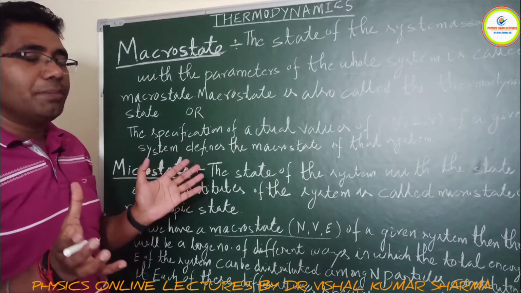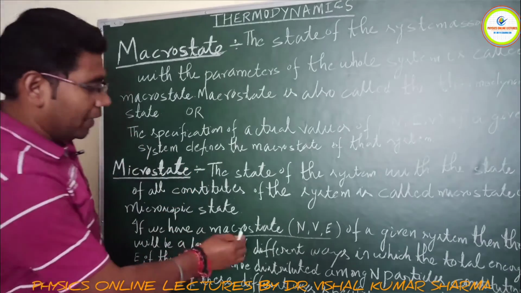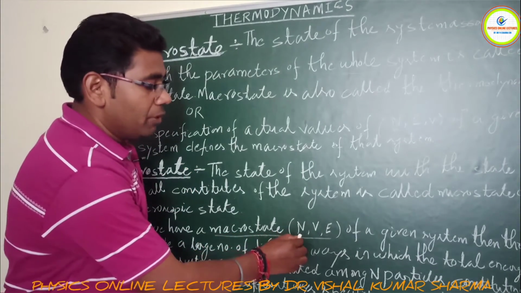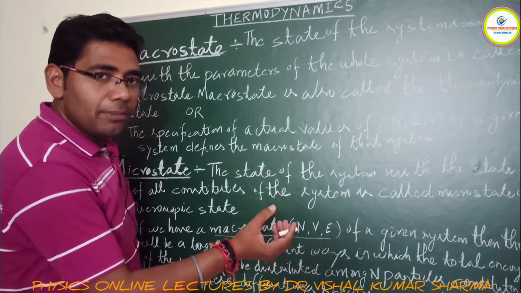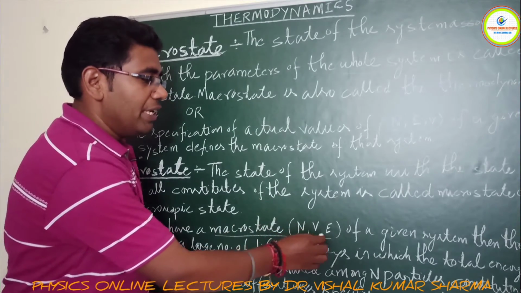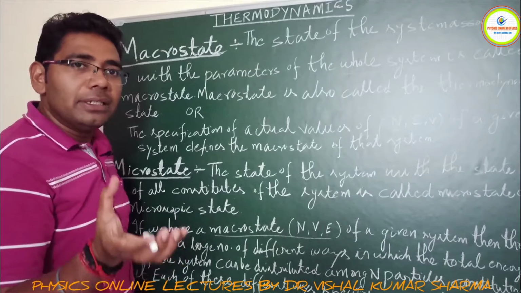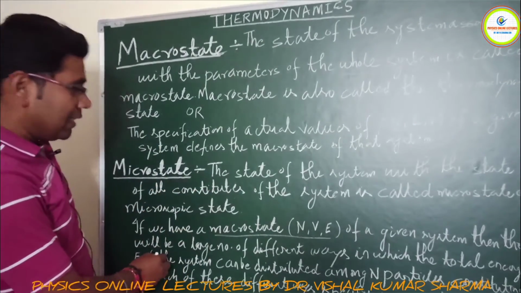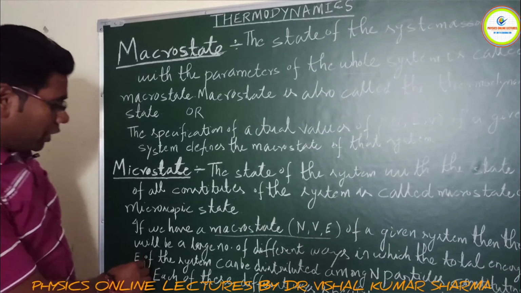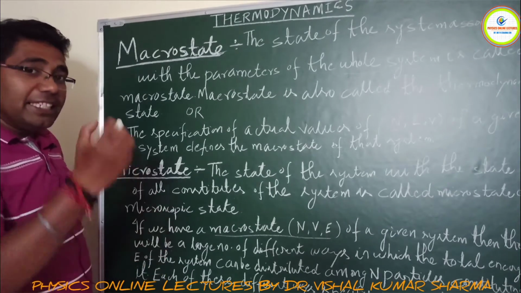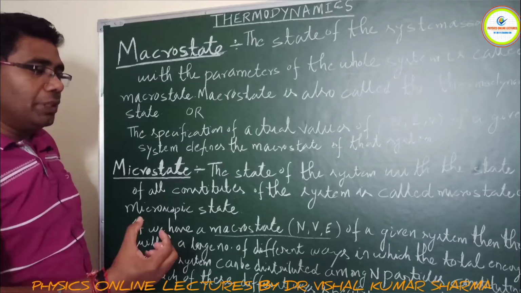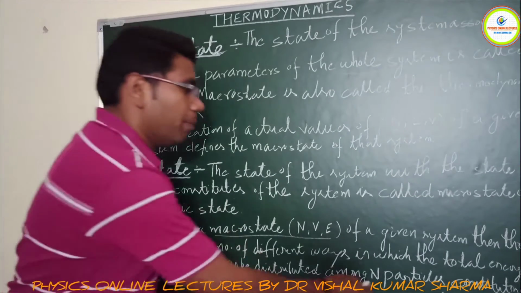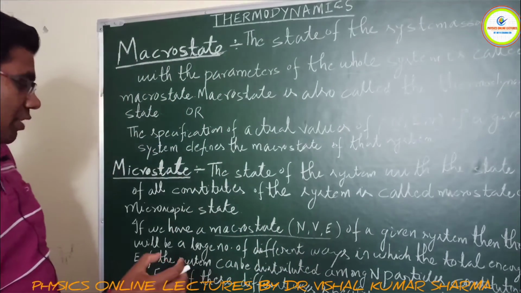So our definition becomes: suppose we have a macrostate with the actual values for a given system provided as n, v and E. If we have the total energy E corresponding to a system, this total energy can be distributed among n number of the particles which constitute the system.